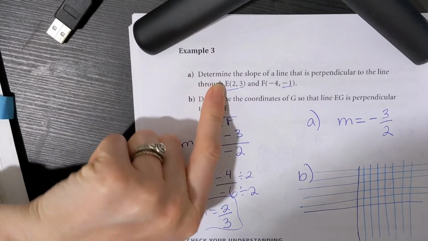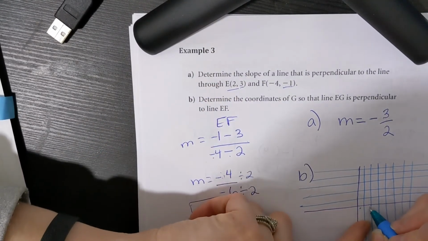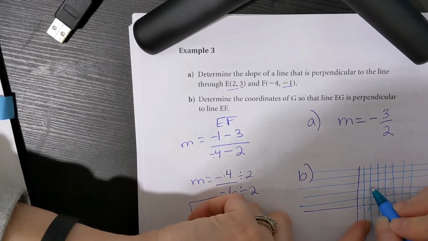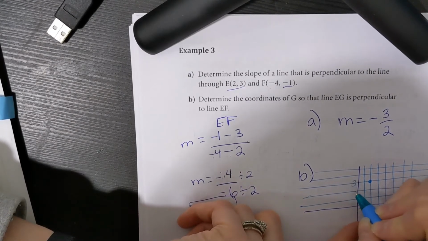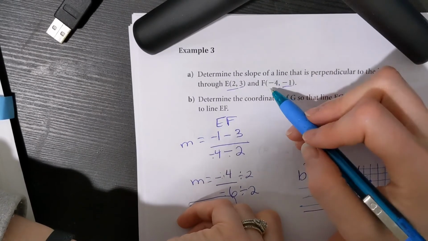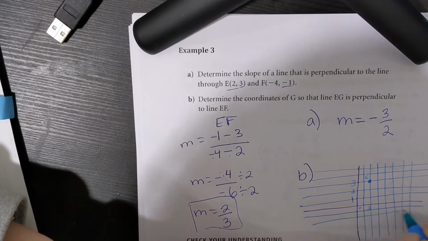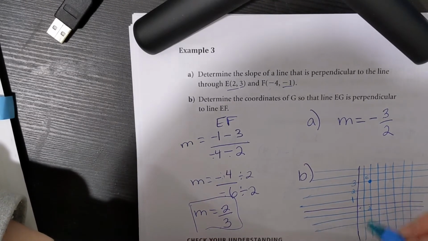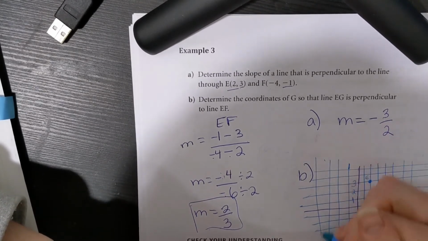Point E is at 2 for x and y is 3, so it's going to be up there. And that's point E. Point F is at negative 4, negative 1.